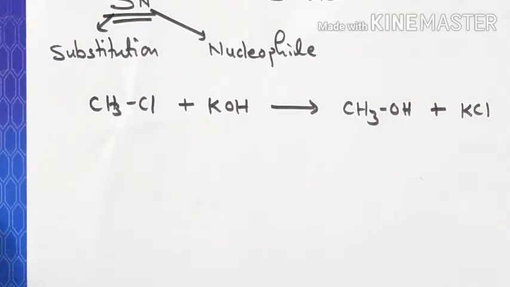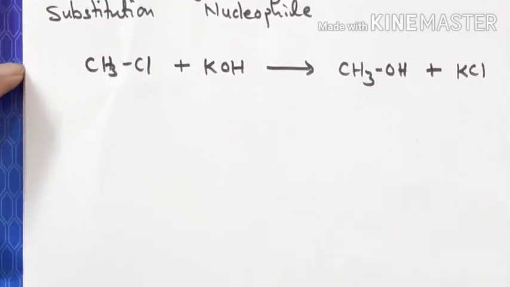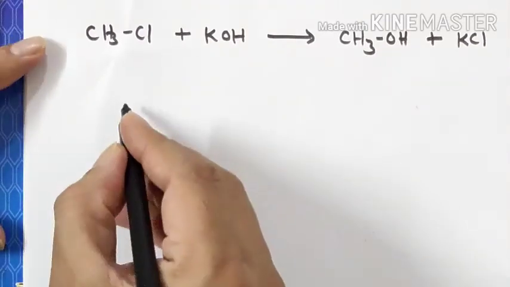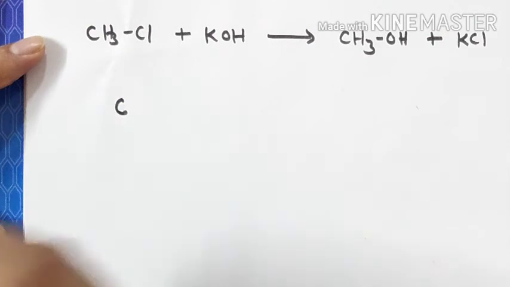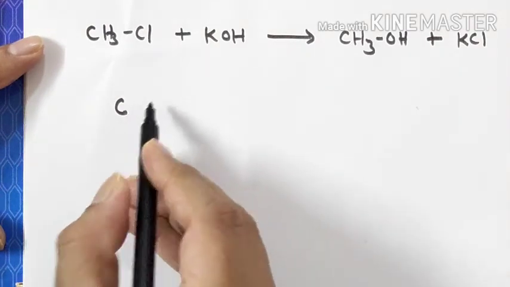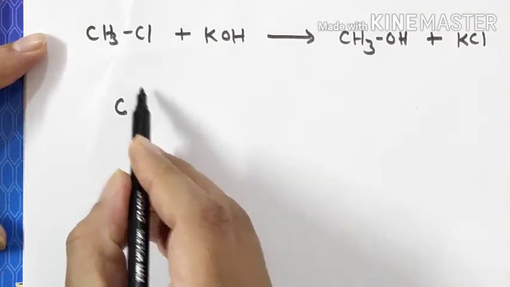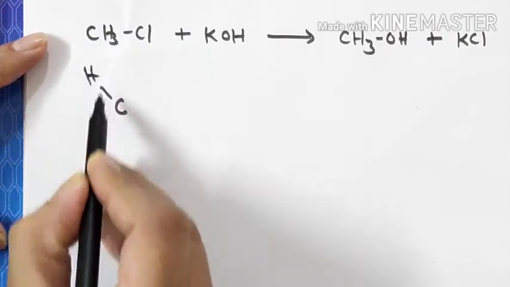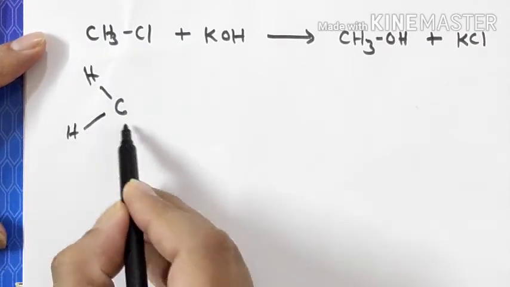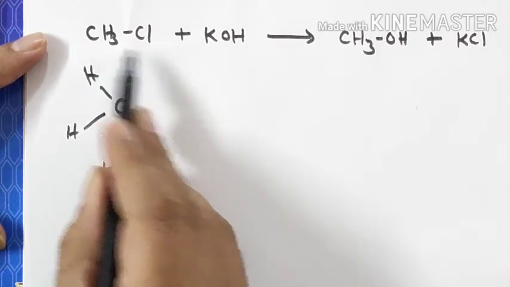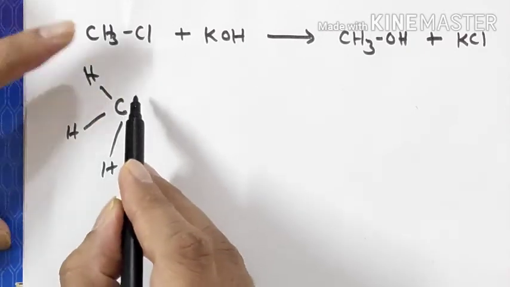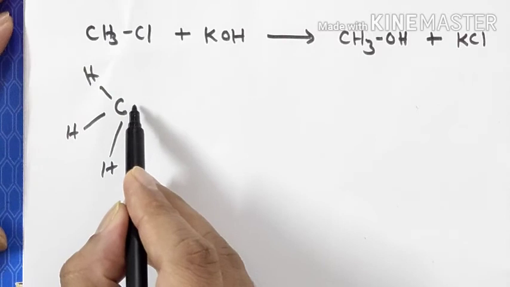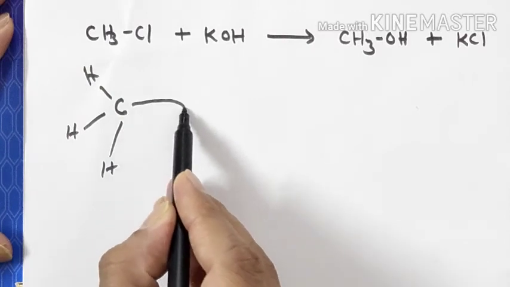The reaction is very simple. But now in this reaction, we have to understand everything in the form of a mechanism. Let's see. I write this carbon. Now this carbon has 4 bonds: one to hydrogen, a second hydrogen, a third hydrogen, and here with chlorine. I draw this carbon and chlorine in orbital form.